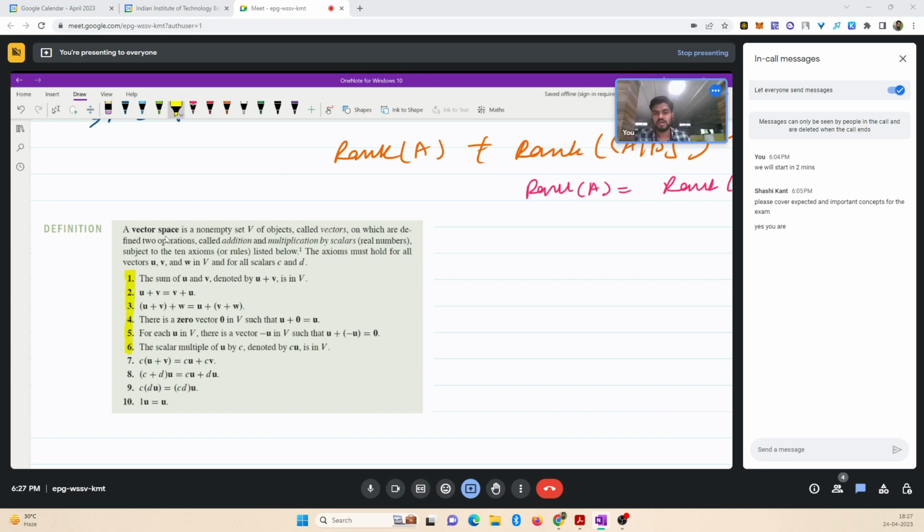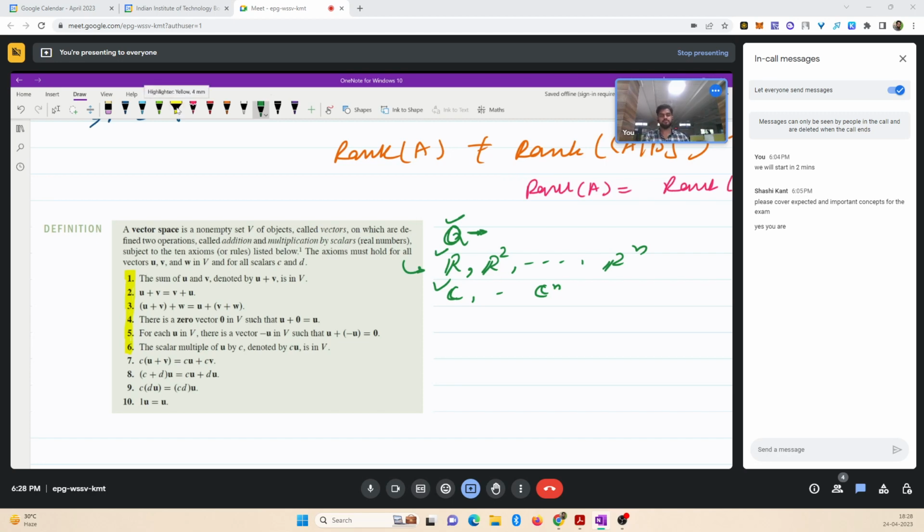But for now, what you can assume is that a field is something that looks like real numbers, or let's say R2 or Rn, or complex numbers or complex to the power n. Also, the set of rational numbers is a field. In linear algebra, you will encounter only these three fields, which are the rationals, real numbers, and complex numbers. Anything smaller than the rationals is not a field.